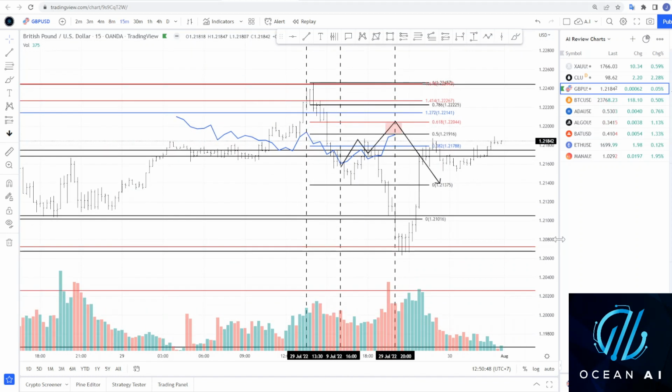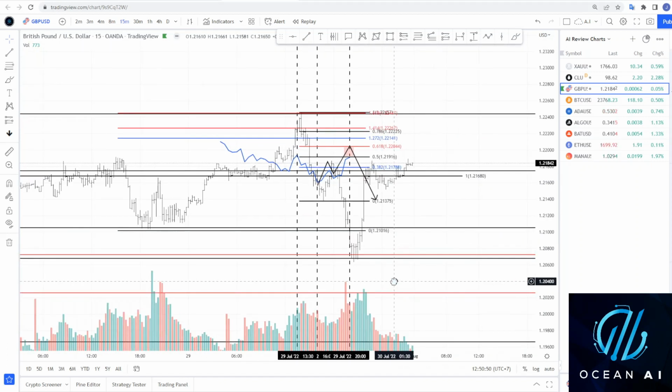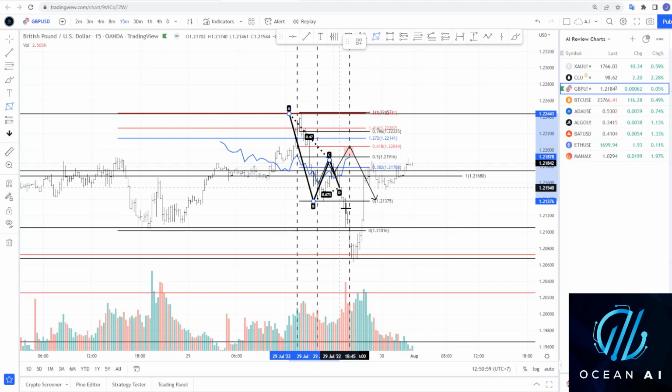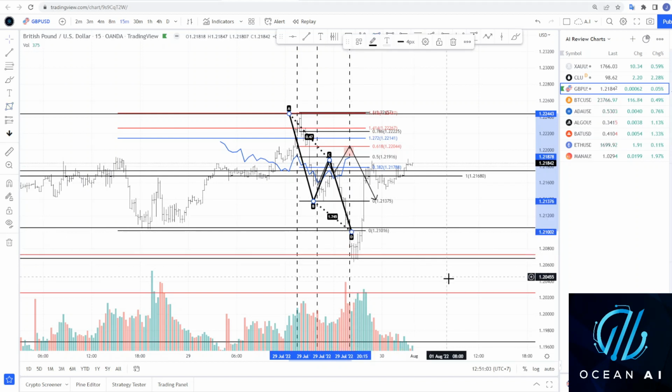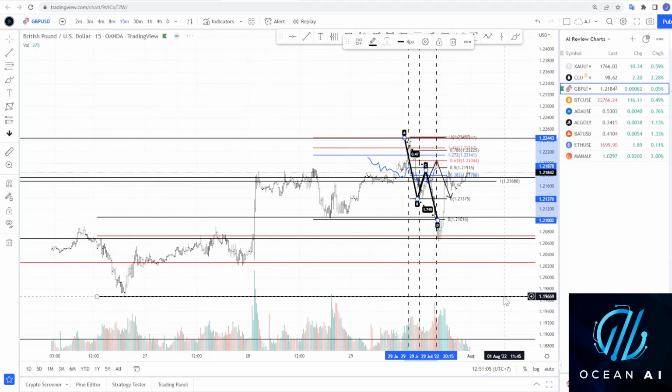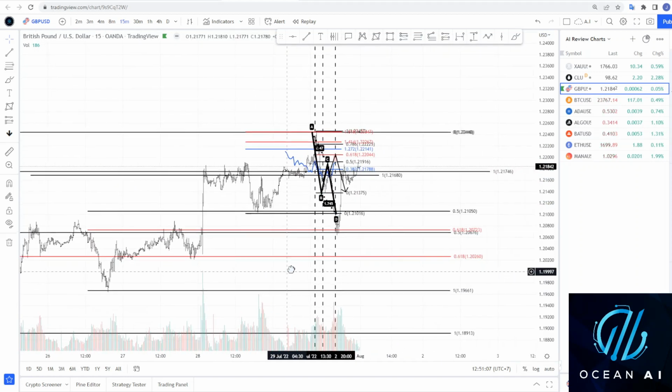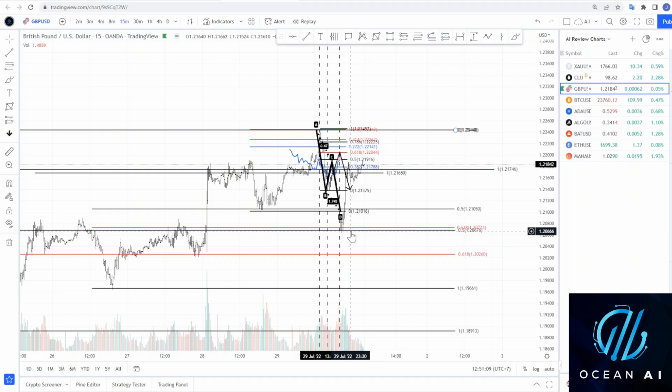And with that low as well, we had the ABCD again. So we had this ABCD down to there. There was the extension, it came down a little bit more.